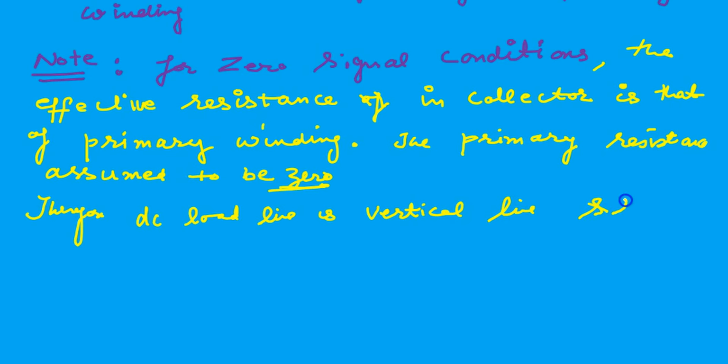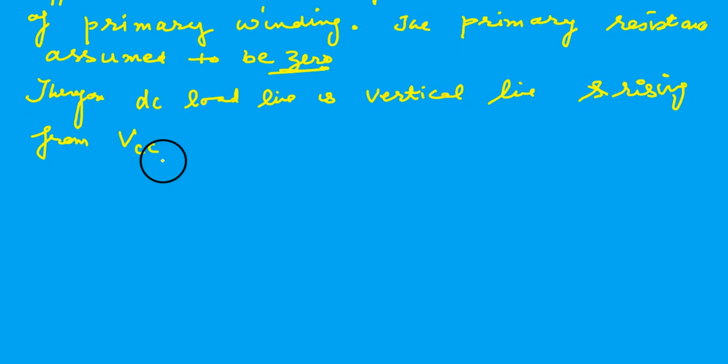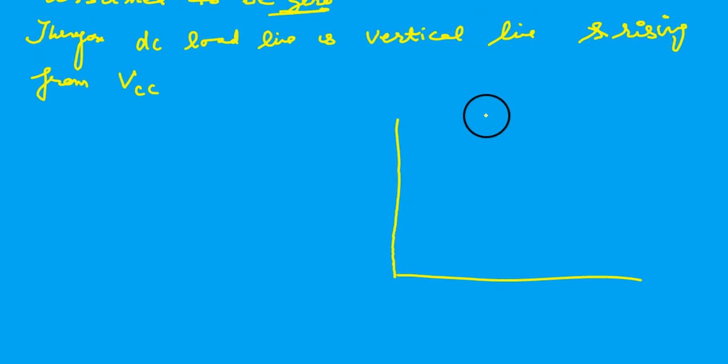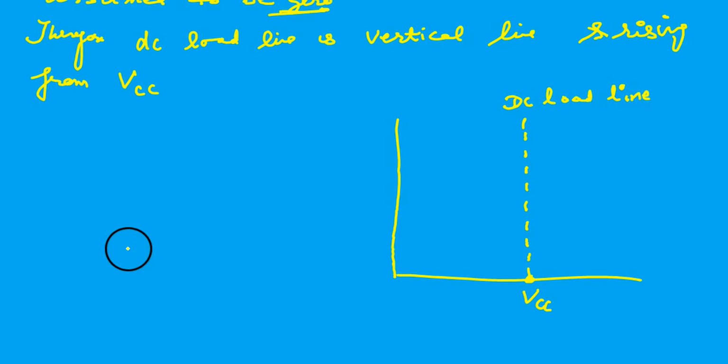It's a vertical line rising from the VCC, parallel to the y-axis, where y is the current. So this is a yellow line, the dotted one. So VCC and the DC load line. This is because with no signal, there is no resistance of the primary winding.